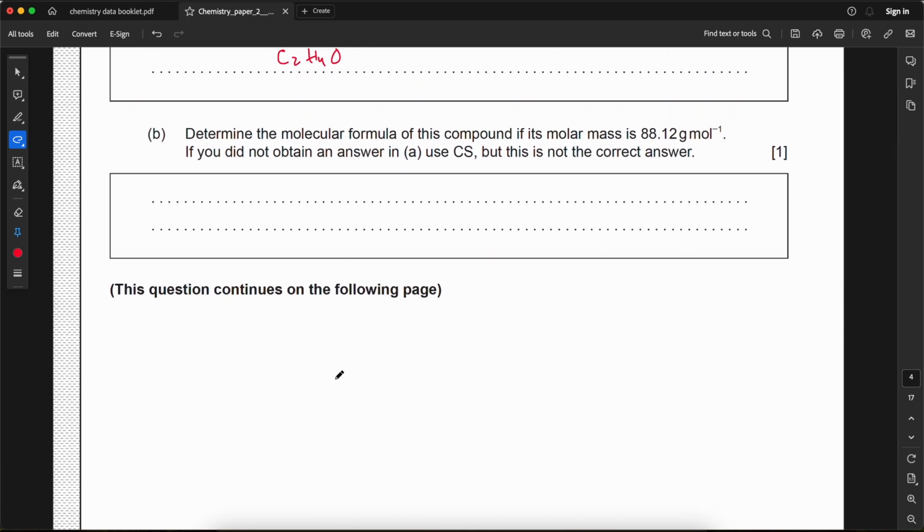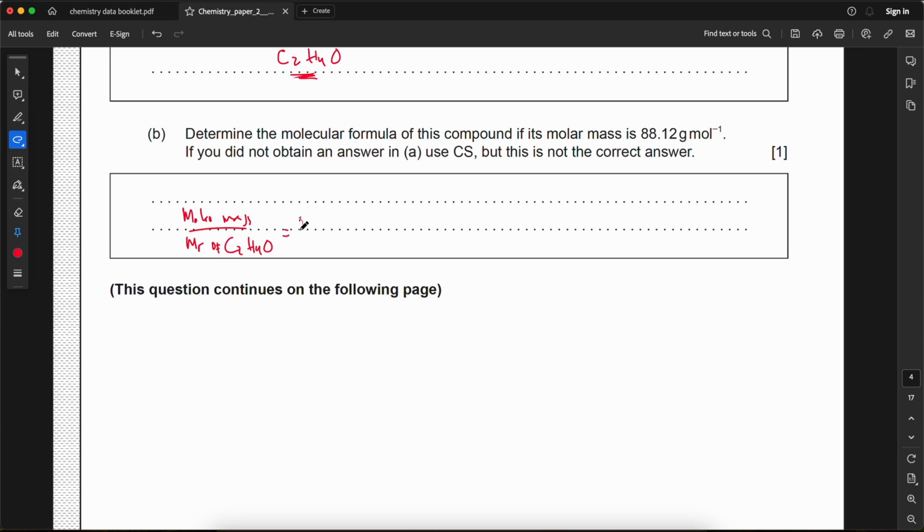Determine the molecular formula of this compound if its molar mass is 88.12. To find the molecular formula, it would be molar mass divided by the molar mass of the empirical formula.